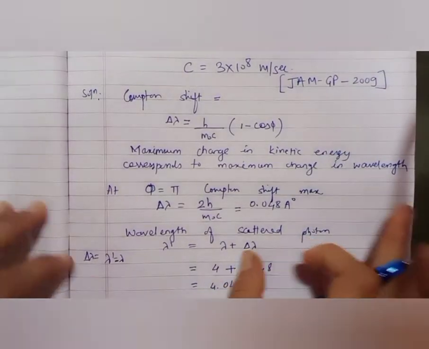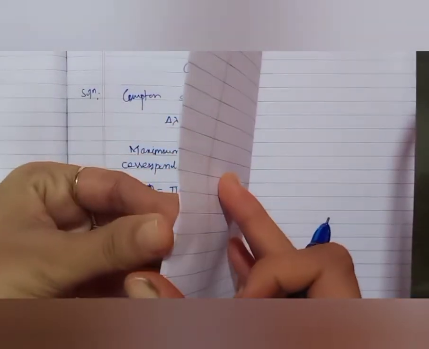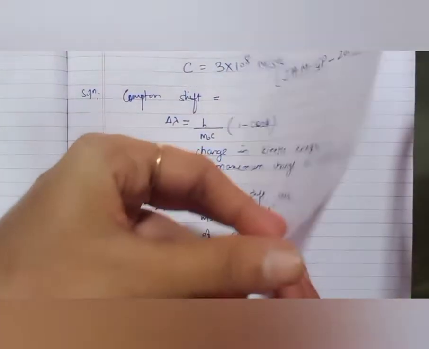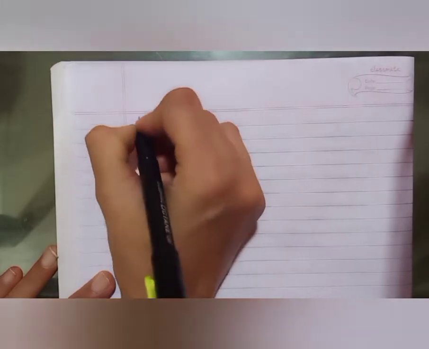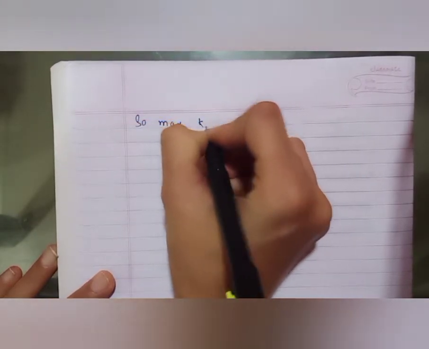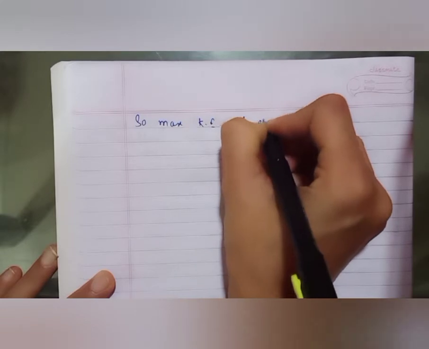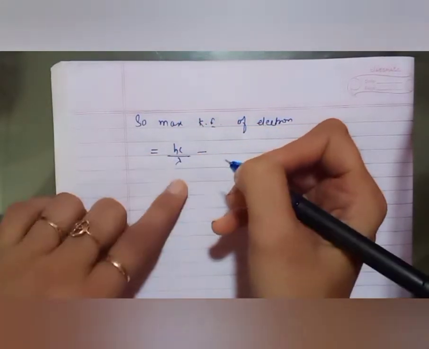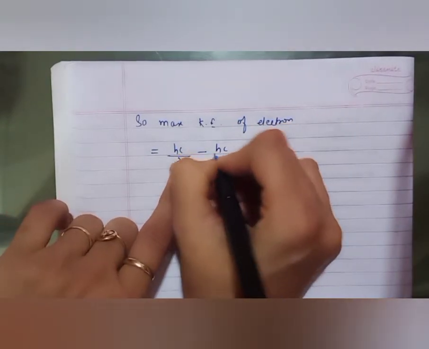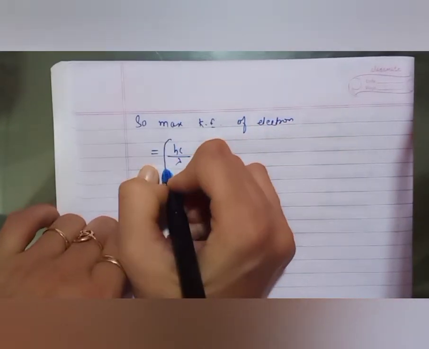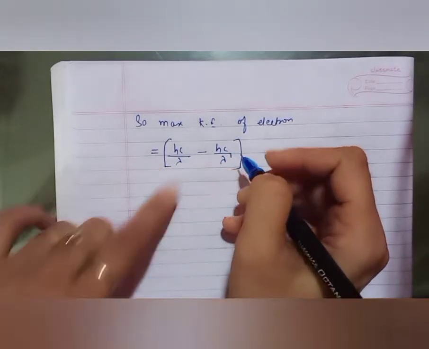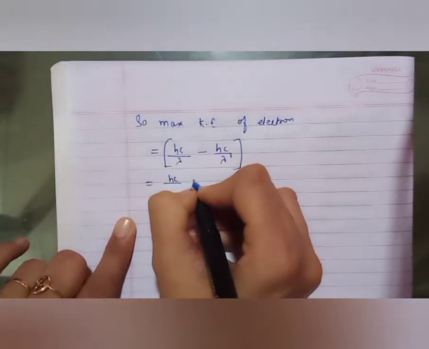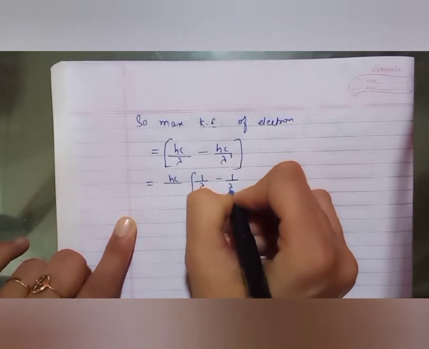Now what we have to find next is the maximum kinetic energy of the electron. It is given by hc by lambda, the energy of the incident photon, minus hc upon lambda dash, the energy of the scattered photon. So this is hc common, 1 by lambda minus 1 upon lambda dash.